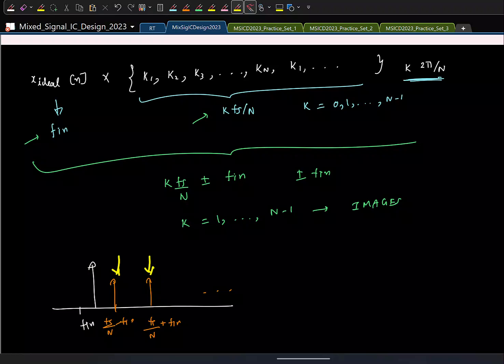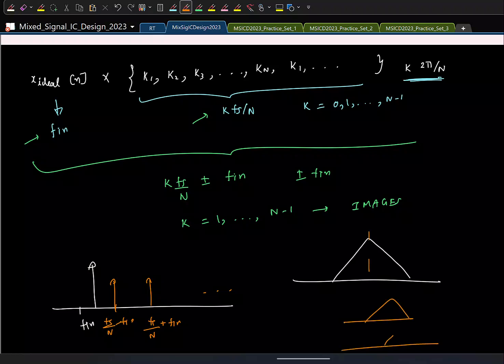You are saying, why don't you put a filter and take this out? But you don't know what the input frequency is. Here I have taken a simple sinusoid, but in practice I'll have a band limited signal like this. Then the image frequencies will be shifted somewhere here and here. So you can't use one filter.